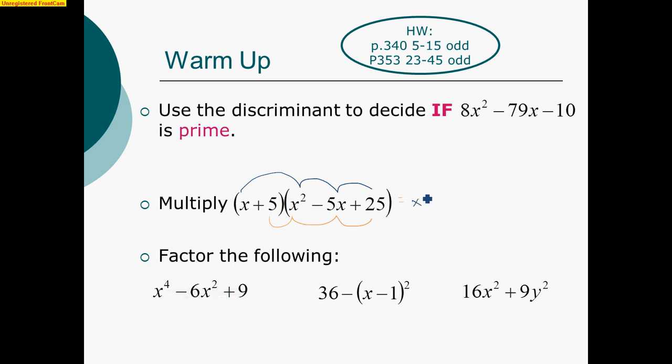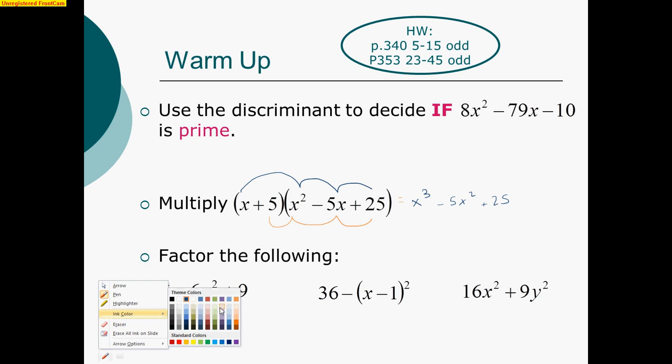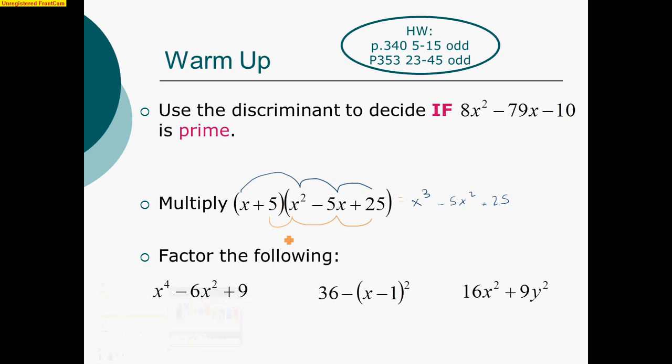So I'm going to get x cubed, x times x squared, then minus 5x squared, then plus 25x, then I'm going to get 5x squared, which is positive, and then I'm going to get negative 25x, oops, this had an x with it, didn't it, and then plus 125.